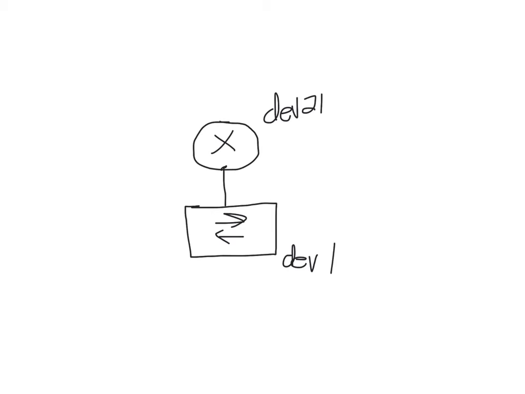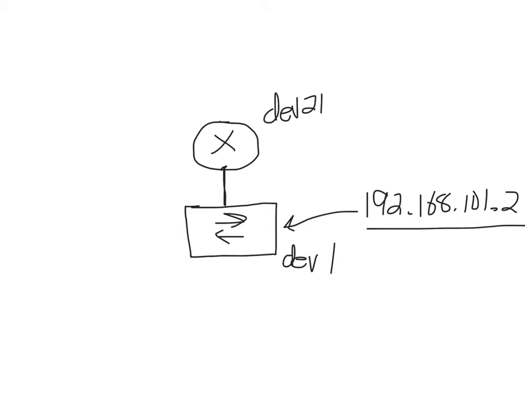So they moved the connection to the router, okay, and this switch addressing was 192.168.101 dot maybe 2. I don't remember for sure.